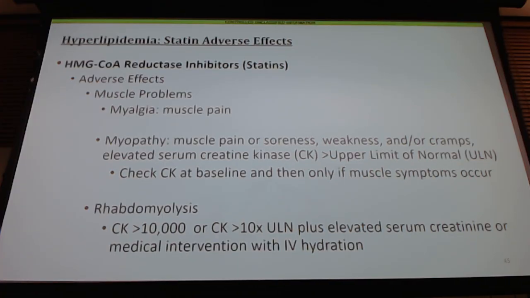The muscle symptoms that they get can range from just muscle aches to now they're having such severe muscle pain that it actually is causing an increase in the creatinine kinase levels above normal, not necessarily excessively above normal, but they are above normal. That's why it's important for us to check what their baseline creatinine kinase is before we start them on a statin therapy.